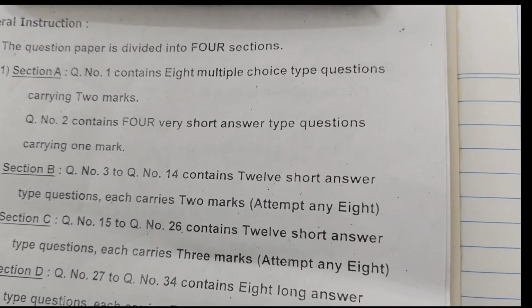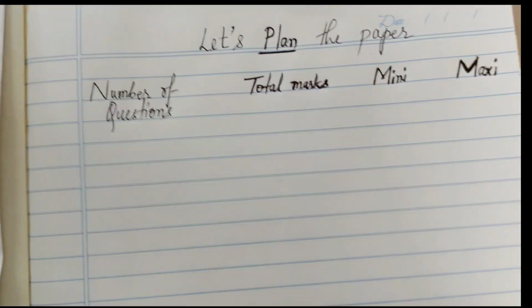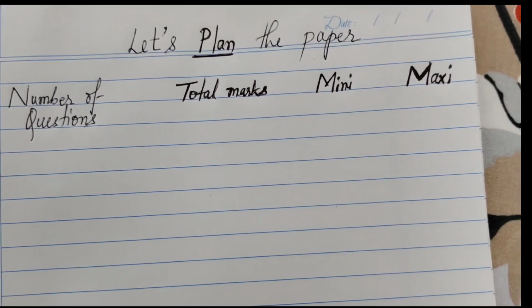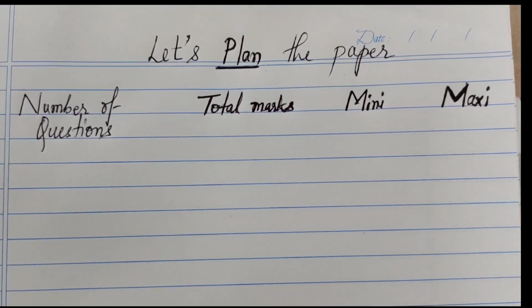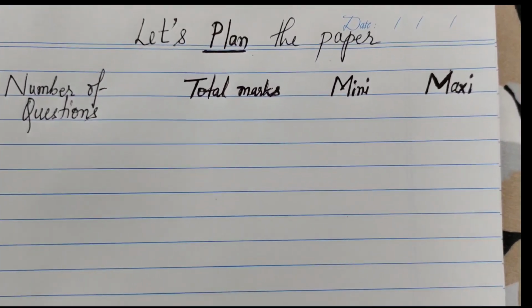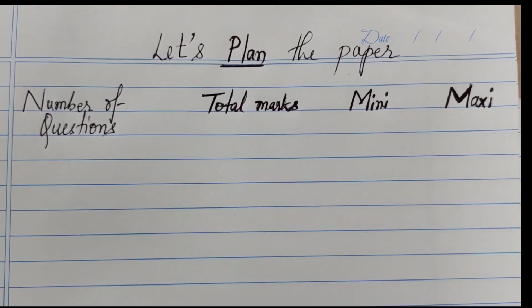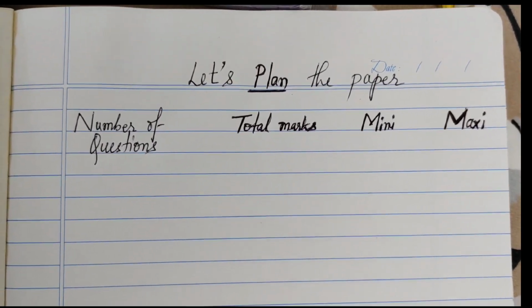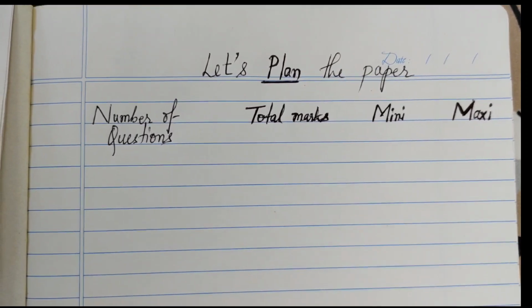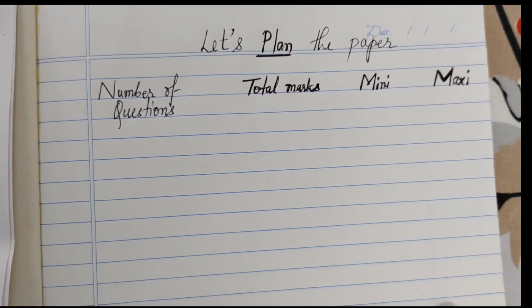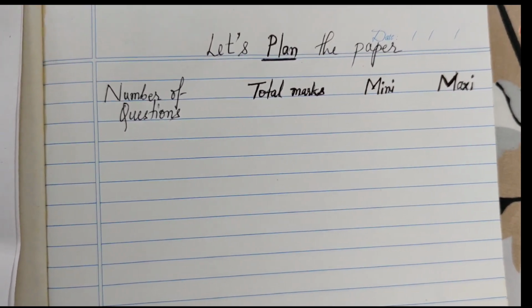So let's see how we are going to do this, and we'll see the number of questions we are going to attempt, total marks we are going to get on it, and minimum and maximum timing. You need minimum time to attempt this, and let's see maximum time, because the question paper is basically classified into two types of questions.